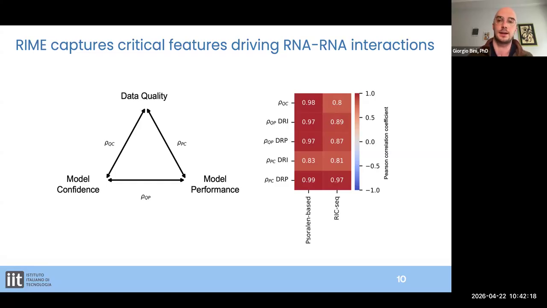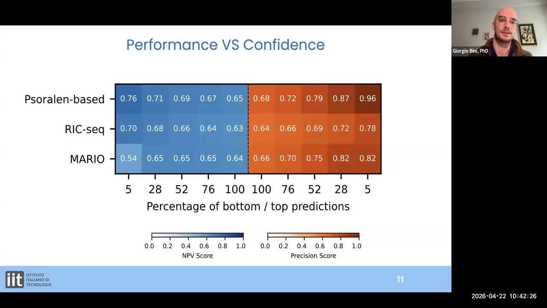And here in the next slides, I will go into a bit more detail to understand how we calculated these correlations. So we start with performance and confidence. Here on the x-axis, we have the percentage of bottom and top predictions of RHYME based on its score. So basically the idea is that we can take the top 5% of positive prediction scores based on the output score of RHYME, and we can evaluate how strong they are over the available dataset.